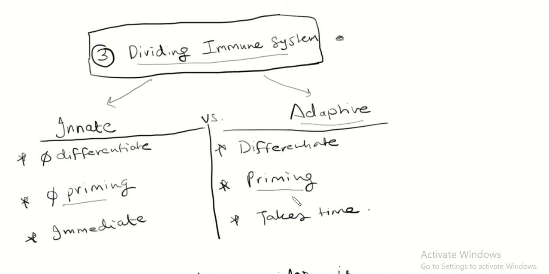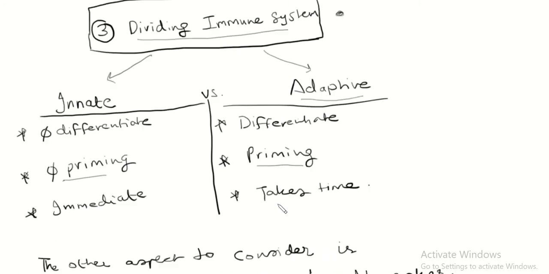So again, that's the difference between innate and adaptive immunity. And it's amazing how innate works with adaptive and adaptive works with innate to take care of the debris or the enemy and help the body heal and repair.